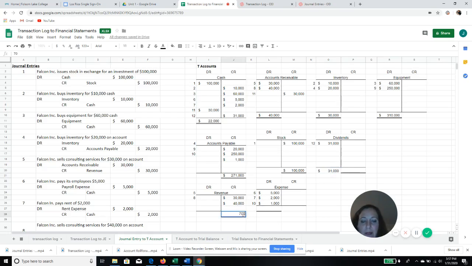Revenue will have a $70,000 credit balance, and expenses will have an $8,000 debit balance. All right, once we have them all added up, then we are ready to go on to the next step. So in the next video, I will show you how to take your T accounts and transfer them to your trial balance.